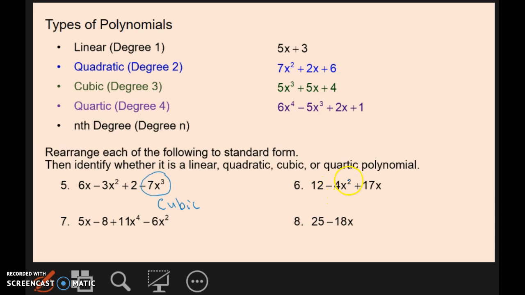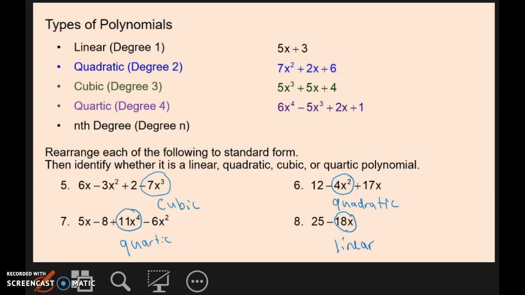Number 6, I've got a 2 as my highest exponent, so that would give me a quadratic. Number 7, I've got an x to the fourth, so that would be a quartic. And number 8, the highest term I have is that 18x, so an exponent of 1. That's considered a linear polynomial.